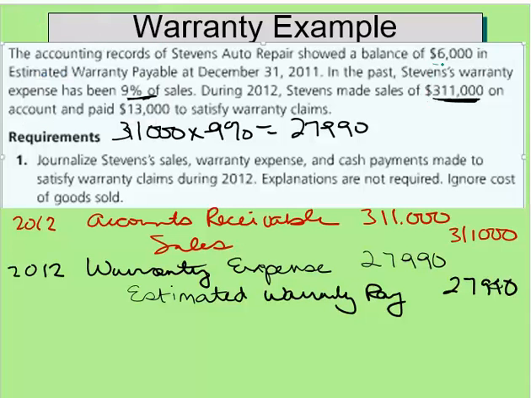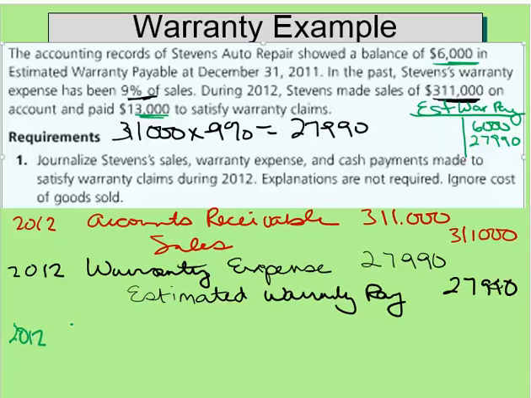Let me just point something out here as well. It looks like that they had a balance of $6,000 in their estimated warranty payable. So if we drew a T account of that estimated warranty payable, they would have had $6,000 in there, and we just added another $27,990 for them to have to pay their claims with. And then we can do the actual entry here to record when those claims, $13,000, were paid. So same thing, 2012.